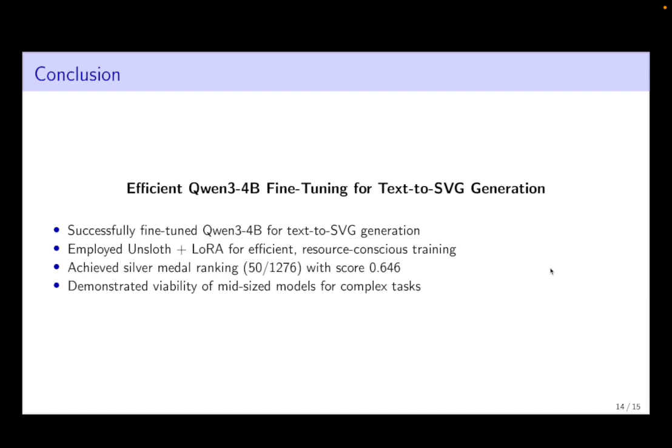Our achievement of a silver medal, with rank 50 in this competitive Kaggle challenge, supports this claim. This methodology provides a viable pathway for developing high-performance models, especially under limited computation budgets.